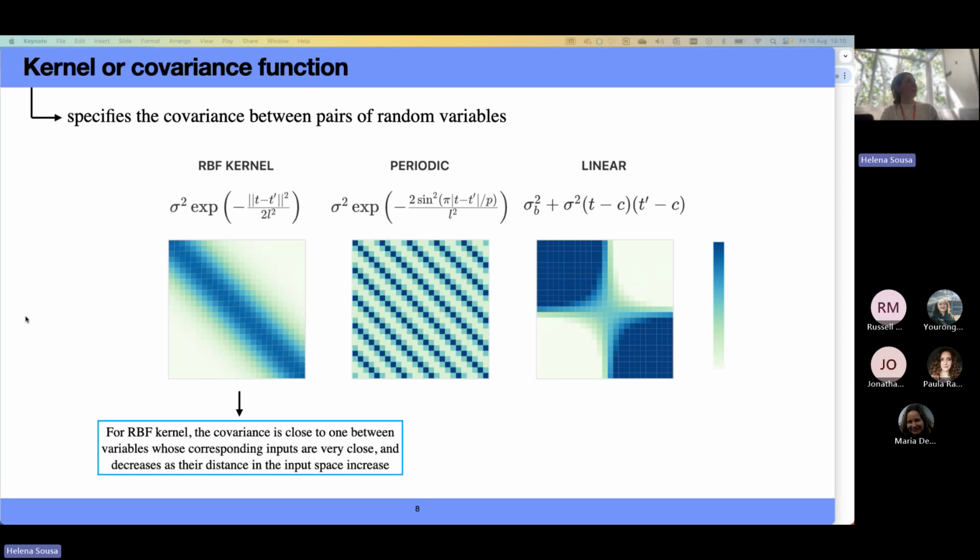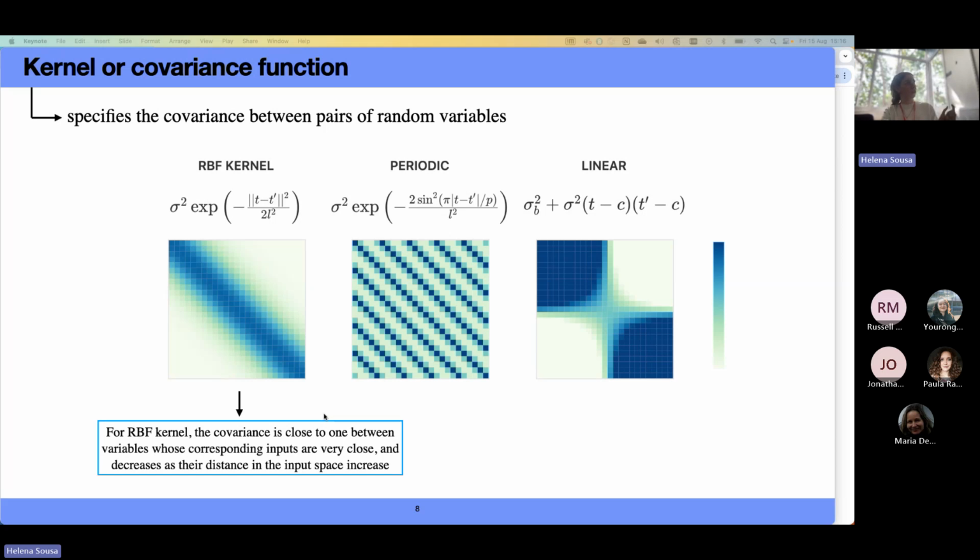Even though I'm just showing an example for this RBF kernel, there are also a lot of different types of kernels that we can choose. But usually the RBF kernel is one of the most commonly used, since the intuition behind it is that the covariance is quite high between the variables whose corresponding inputs are very close.